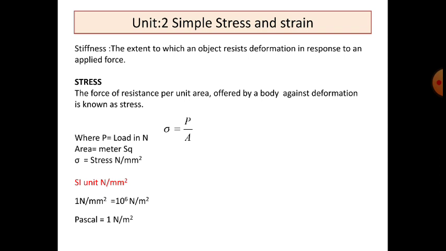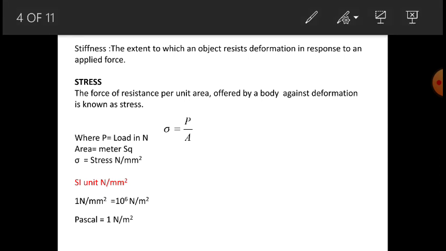The formula for stress is denoted by the sign sigma, equal to P, where P is the load in newtons and A is the area in mm square. Sorry, it was a mistake, it is mm square.